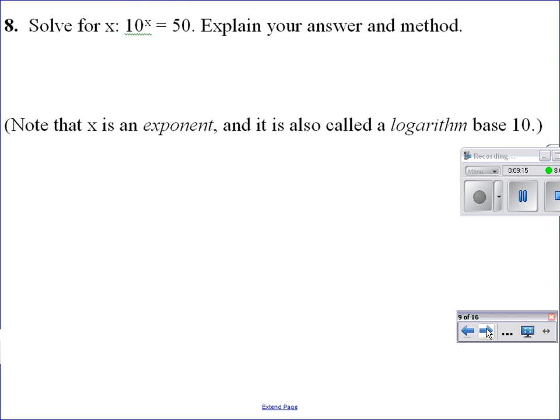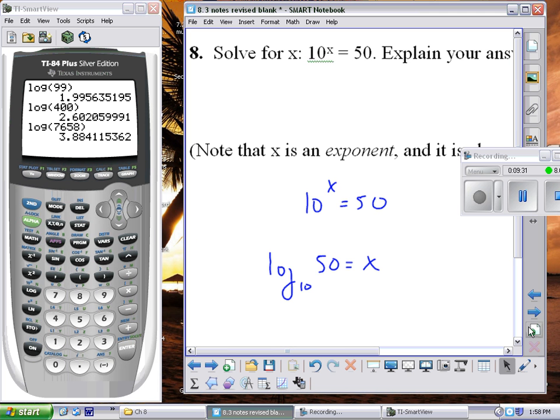Now, this is kind of beating a dead horse at this point, I hope. 10 to the x equals 50. That means log base 10 of 50 equals x. So I'm saying 10 to the what is 50.